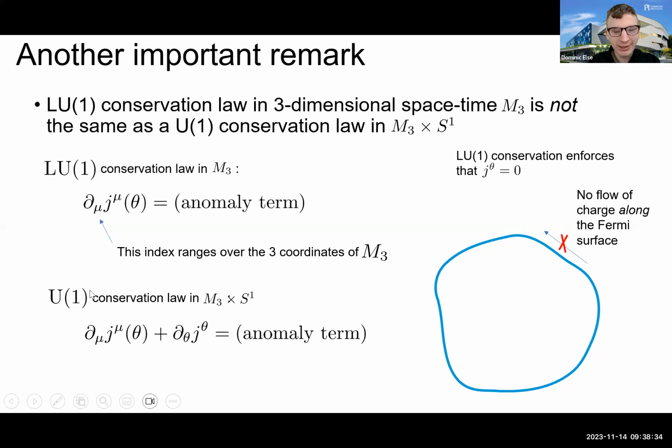The difference is that if you have a U1 conservation law on this higher dimensional space, then if you write the continuity equation, it would contain a term like d theta j theta, where theta is the coordinate corresponding to this extra dimension. And j theta could be non-zero, so there would be some contribution to the conservation law from that term. But for an LU1 conservation law, there is no such term.